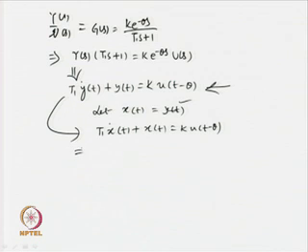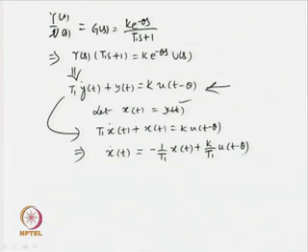Now, I will put it in some specified form. x dot(t) = -1/T1 x(t) + K/T1 u(t - θ).